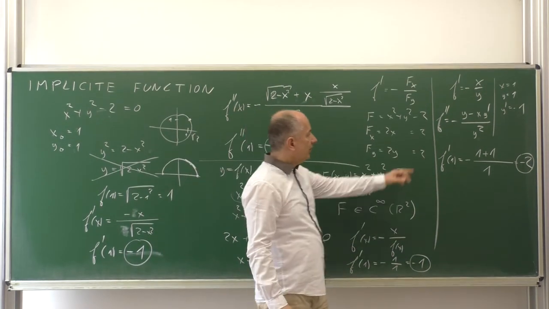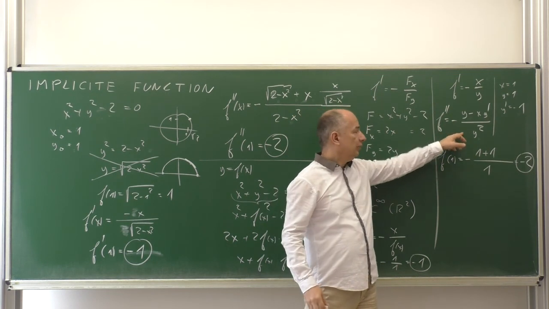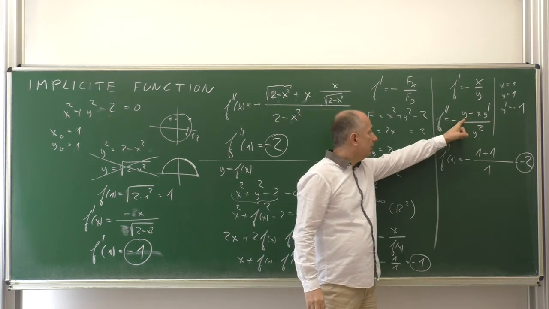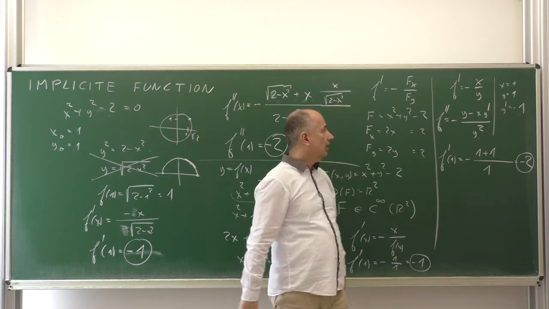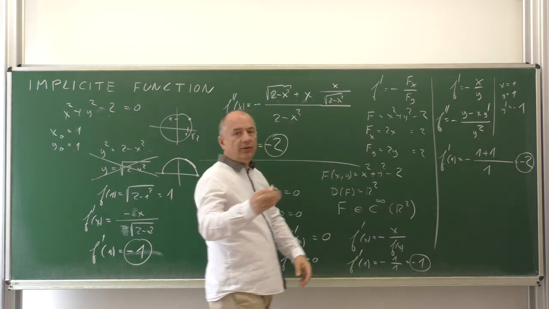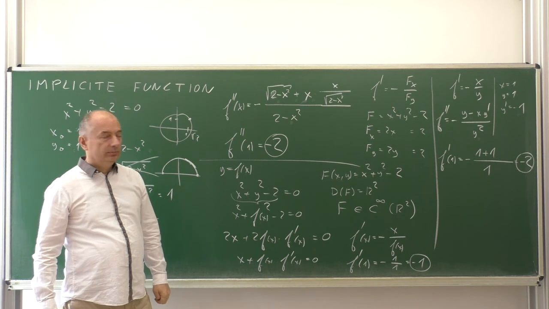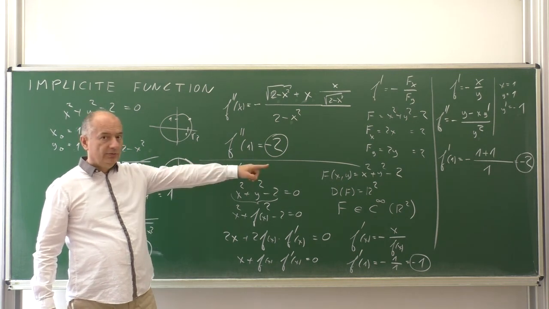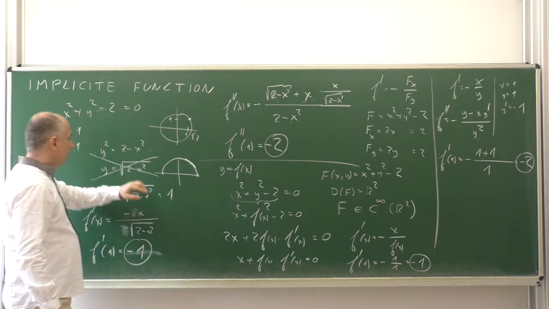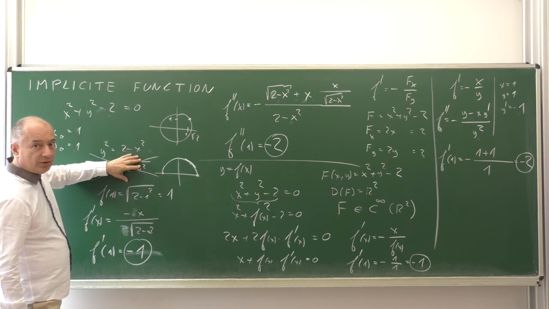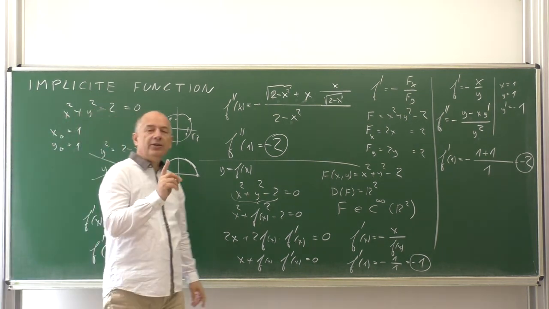Well, and if we have the second derivative, we can differentiate this formula just looking at y as a function of x, and in this way we can find the derivative of any order, even for a function for which we have not the explicit formula available. This is a very strong result.